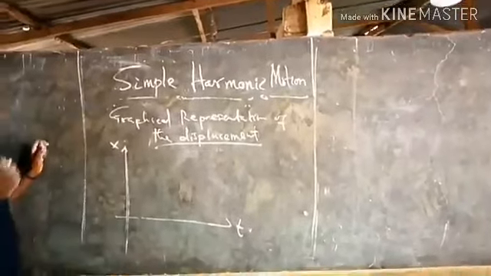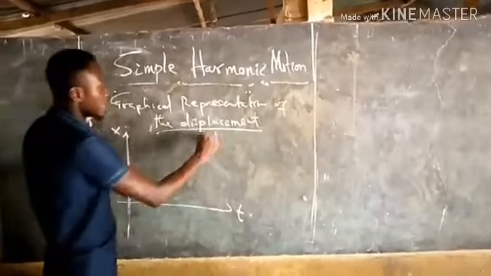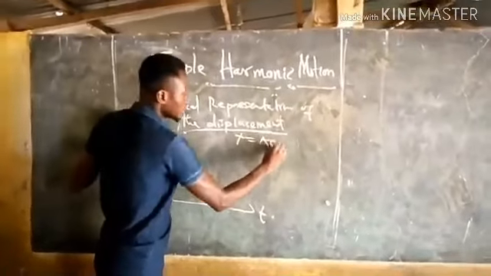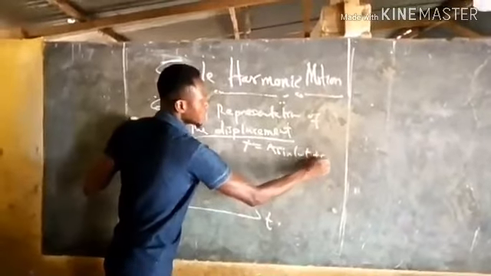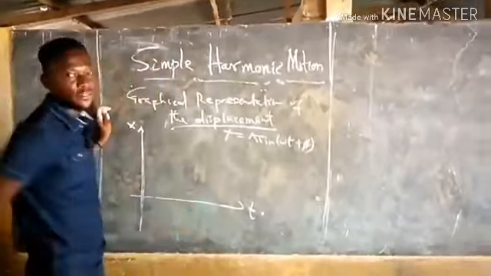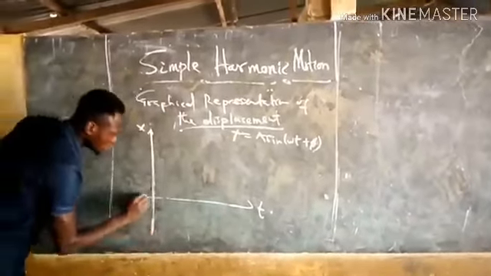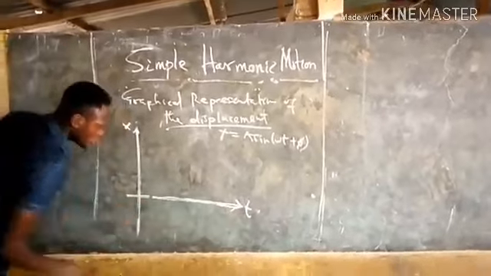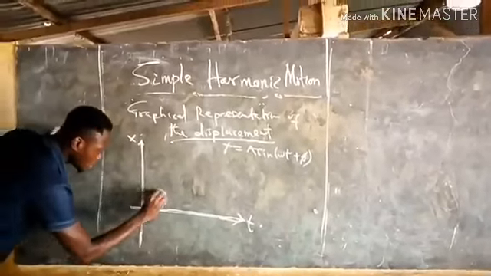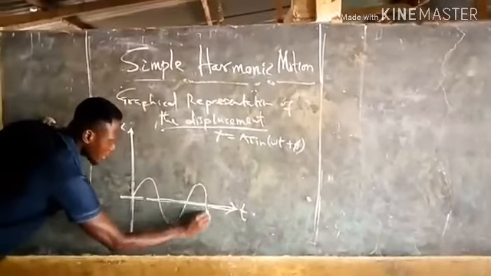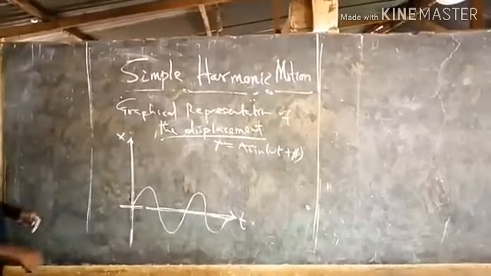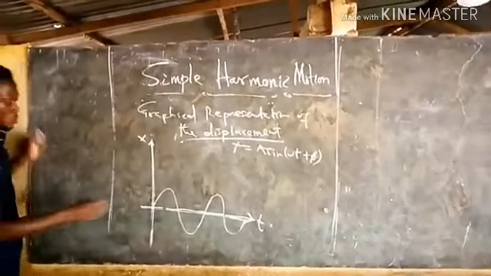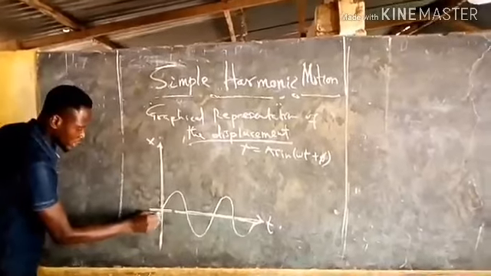You see that we had the displacement function as x equals A sin(omega t + 5). So this is a sine function. So when you draw it graphically, you are going to have this as the graph. So this will be the nature of the graph, where we start from the mean position O.